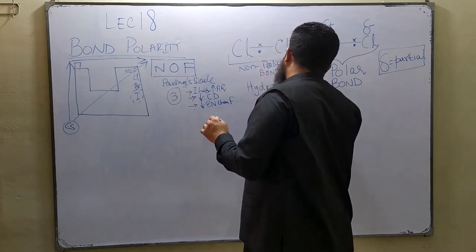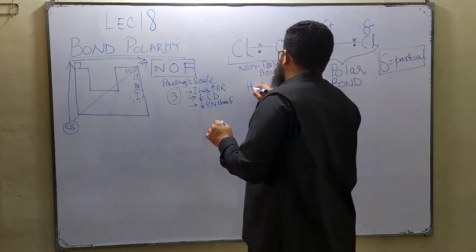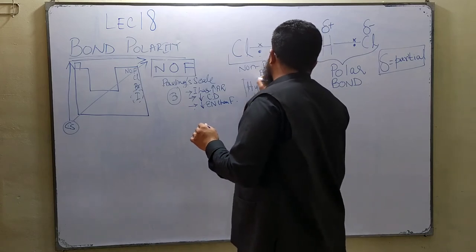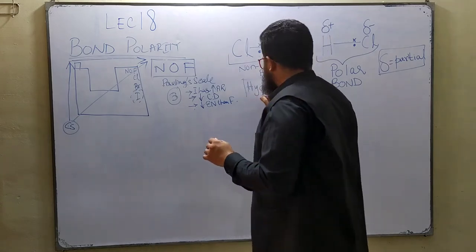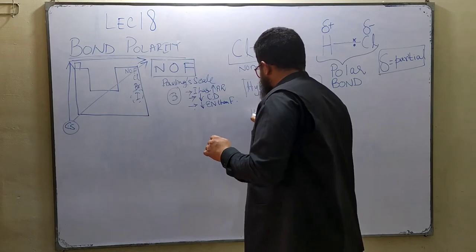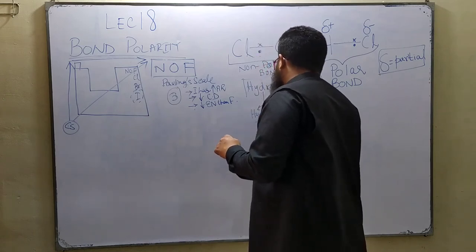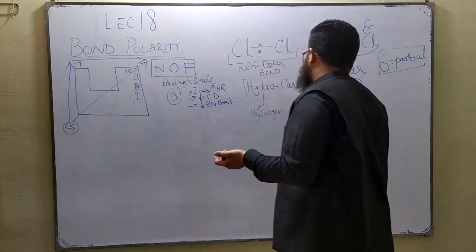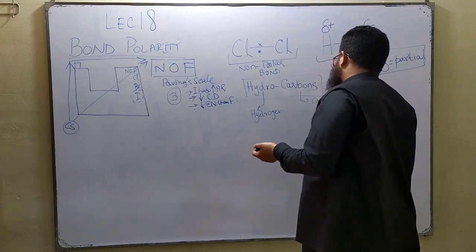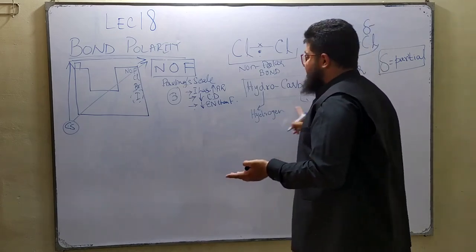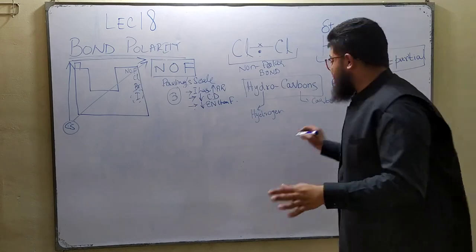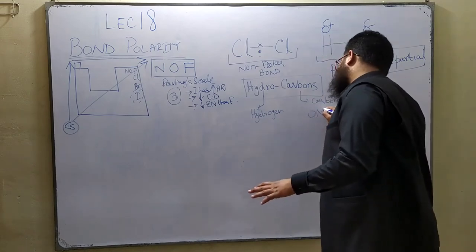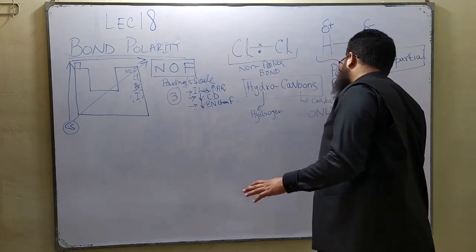Hydrocarbons. Okay, what are hydrocarbons, by the way? Hydrocarbons, as their name suggests, hydro means containing hydrogen, and carbon means containing carbon. So any compound that contains hydrogen and carbon only is a hydrocarbon. No third element involved.